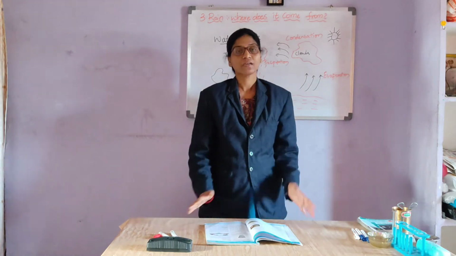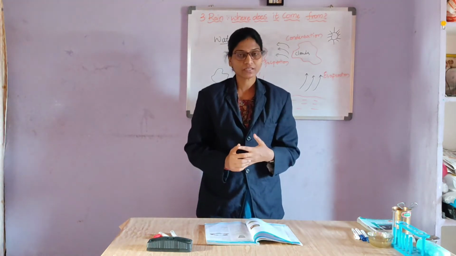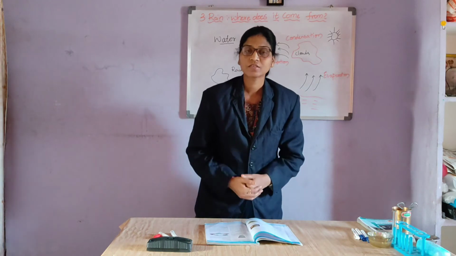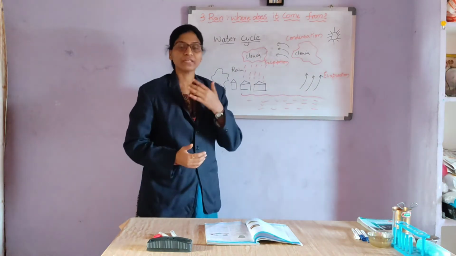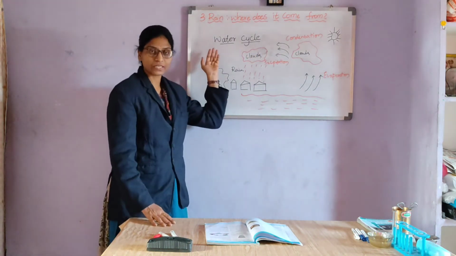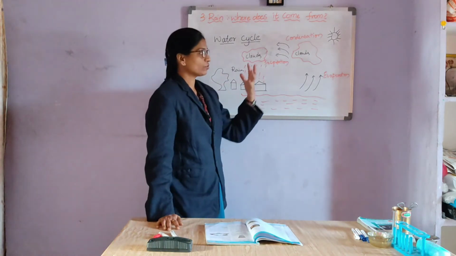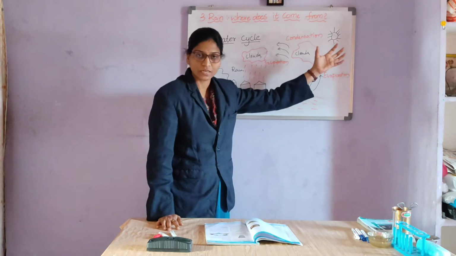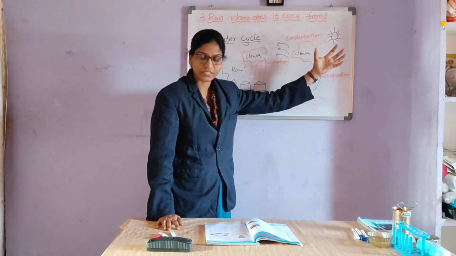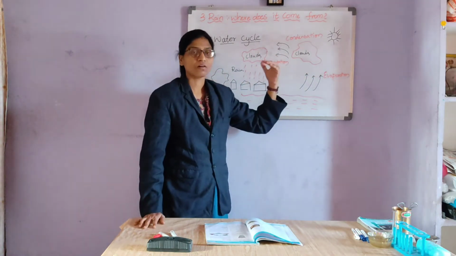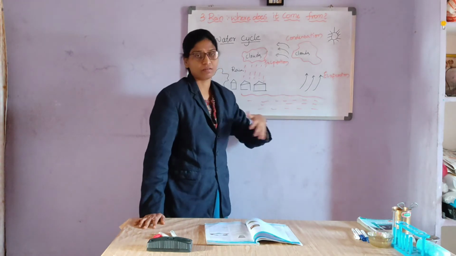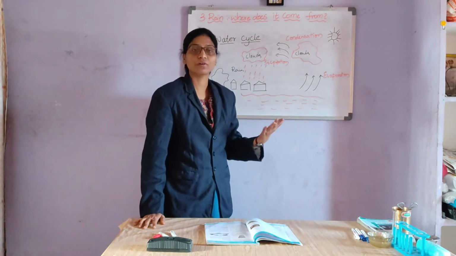Now we'll see how rain occurs and how clouds form. We can see this if we learn about the water cycle. So what is the water cycle? Every day you see the hot sun. Yes, right children? On a sunny day, or when the day is very hot, what happens?